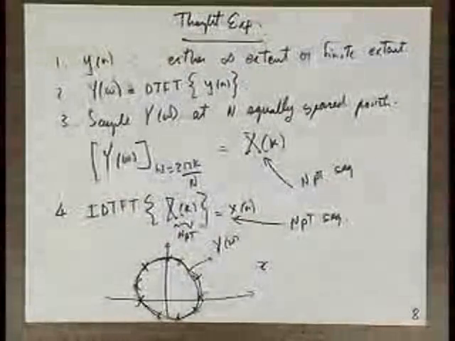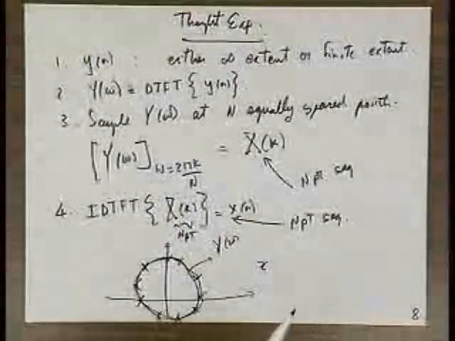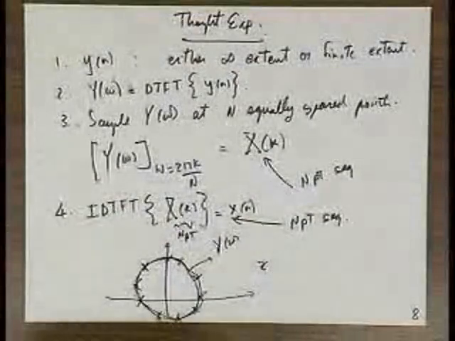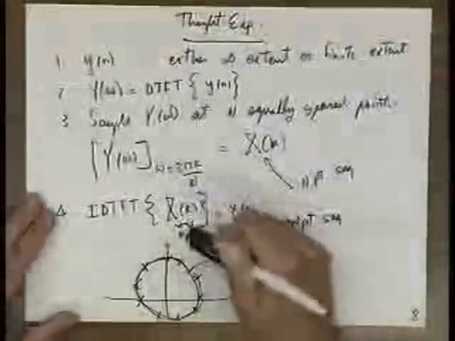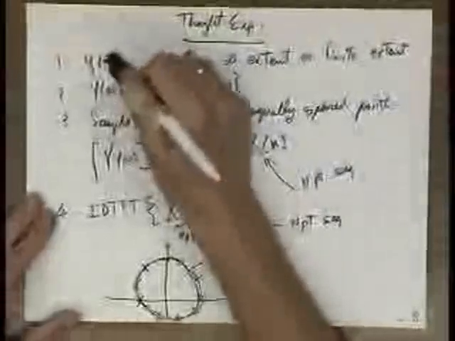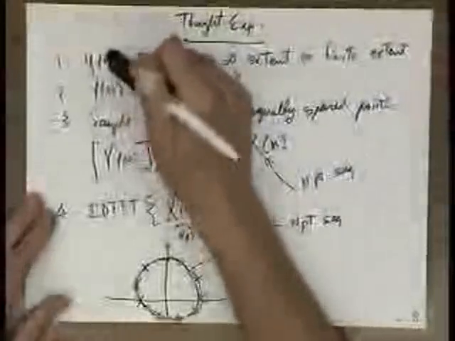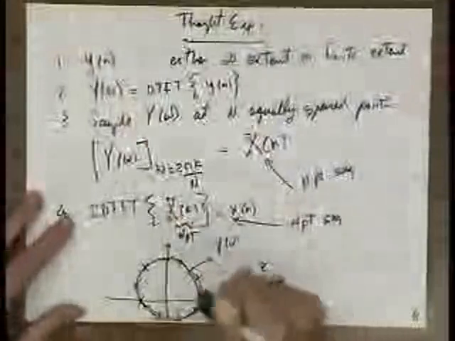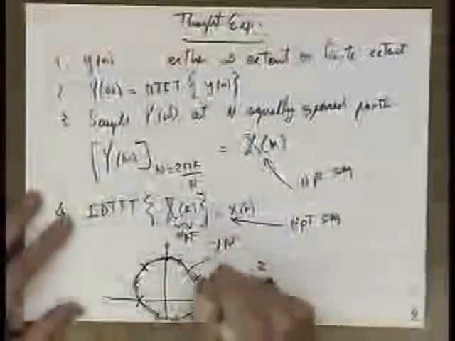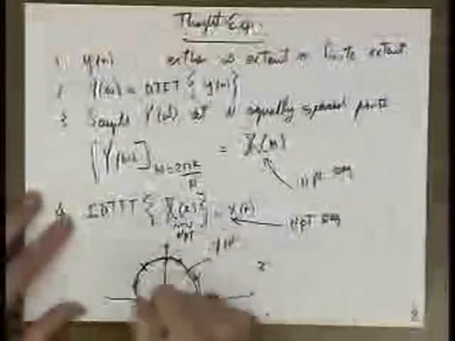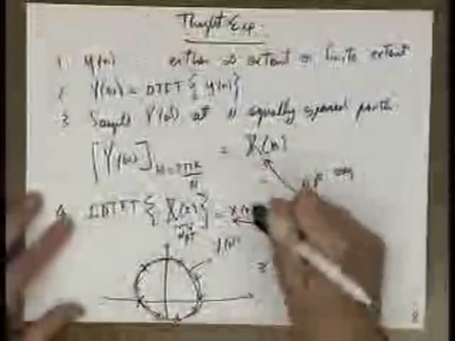Let me ask you another question. What happens if n, in this case, is larger than the number of non-zero points in y of n? In other words, y of n was a 4-point sequence, and I computed this DTFT, and then I sampled it at 16 points, and then I took a 16-point inverse DFT of those samples, and I got a 16-point time domain sequence.